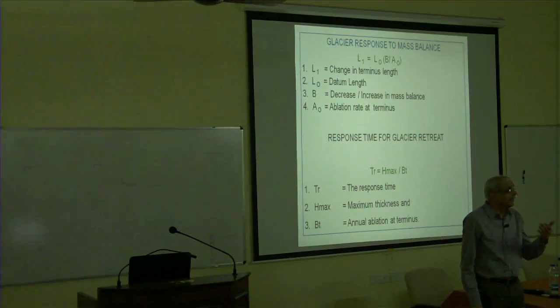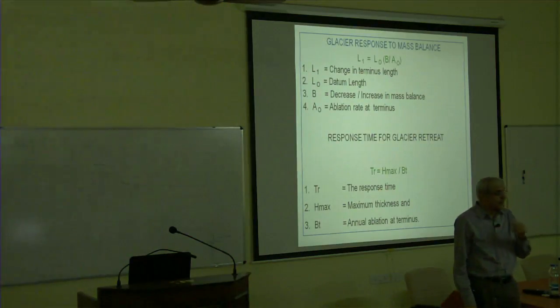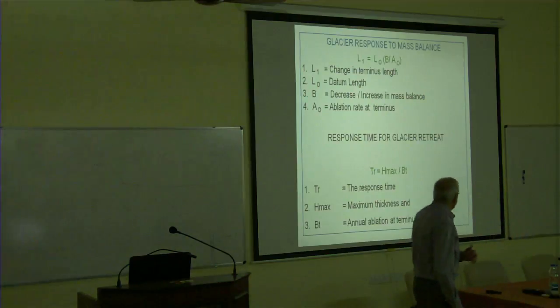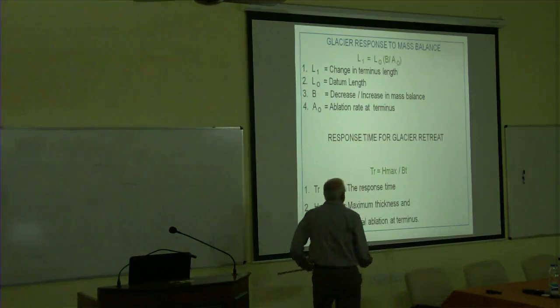That means its length and mass balance relationship becomes equal. That means that 0.17 eventually has to change the AR in such a fashion that it will become 0 or something like that. So that changes how many years it will take.